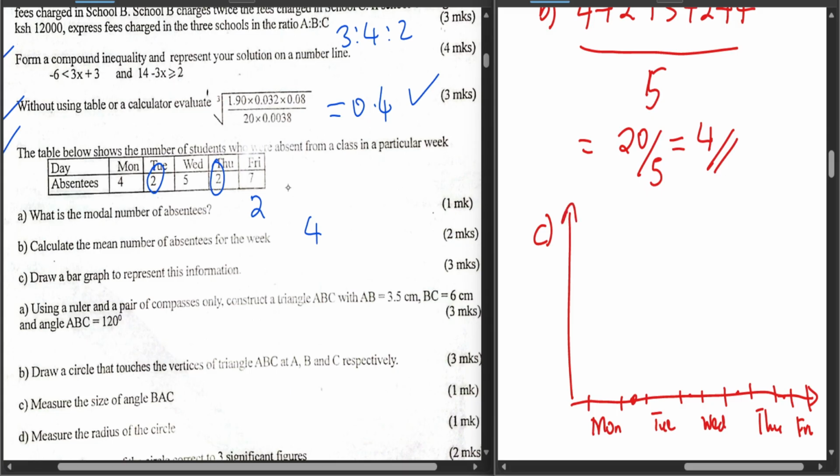And then the frequency, or the absentees, goes on the vertical axis, for example 2, 4, 6, and 8. So we have absentees, and on Monday we have 4.